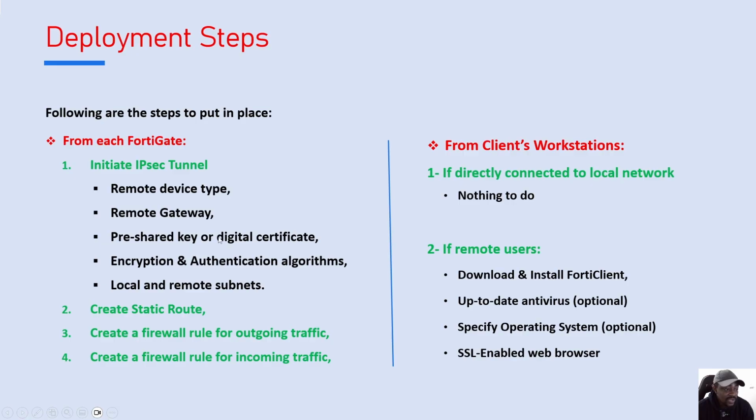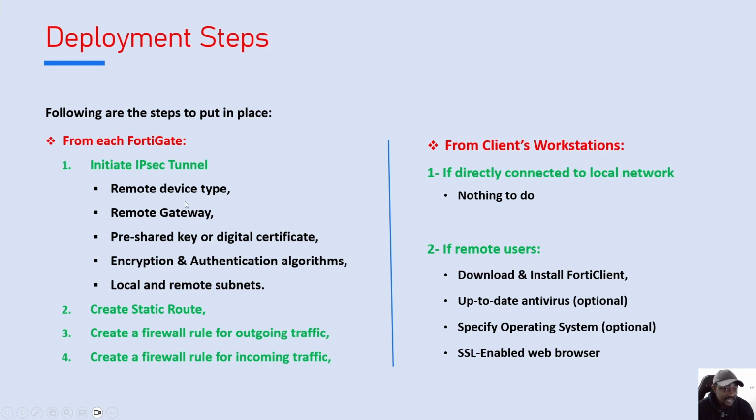You need to define whether you are using a pre-shared key or digital certificates. You need to choose the encryption and authentication algorithms that you are going to use. So you make sure the encryption and authentication algorithms are supported on both endpoints. You also need to identify the local and the remote subnet that you are going to create on the phase 2.